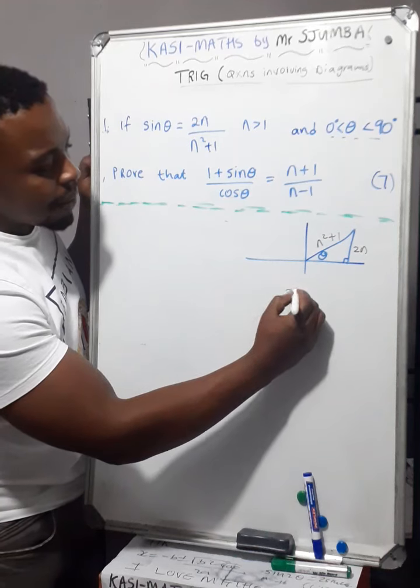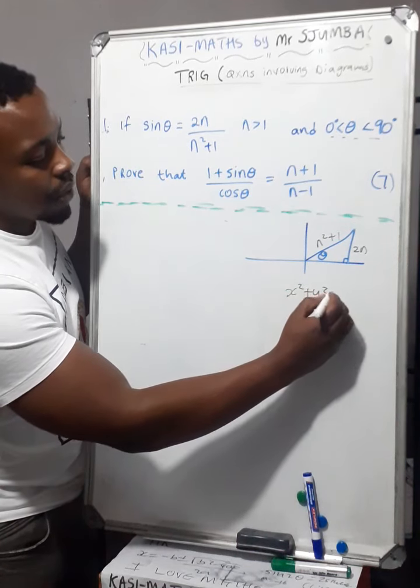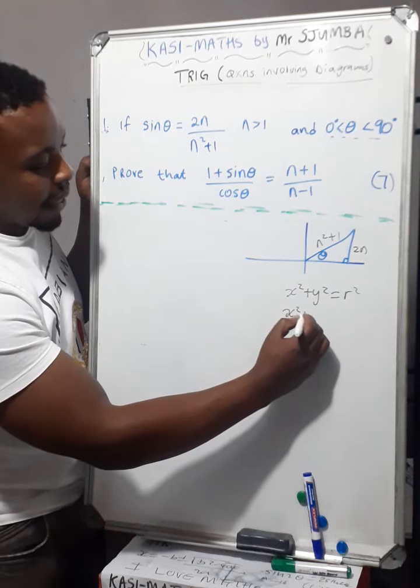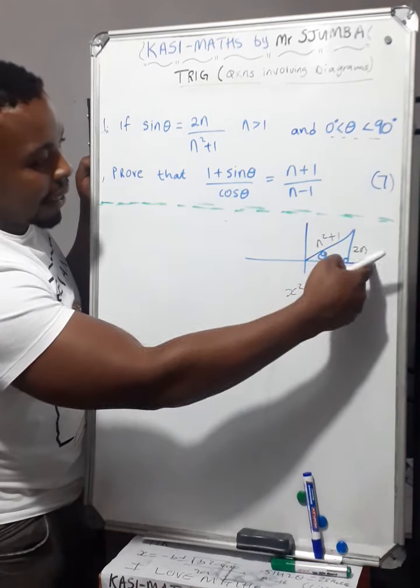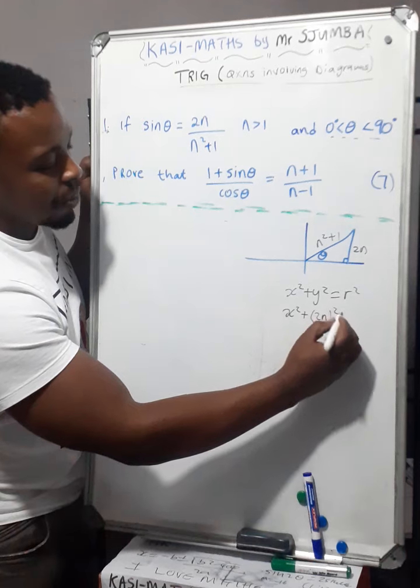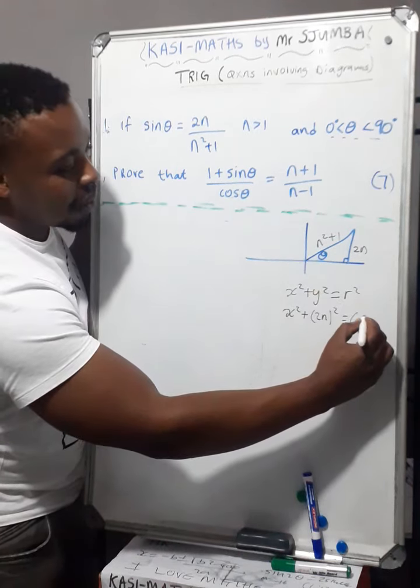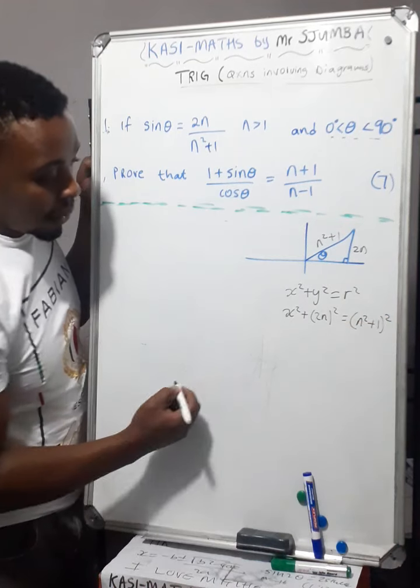In Pythagoras theorem, x squared plus y squared equals r squared. We want x, y is 2n, so x squared plus (2n) squared equals r squared, which is (n squared plus 1) all squared.